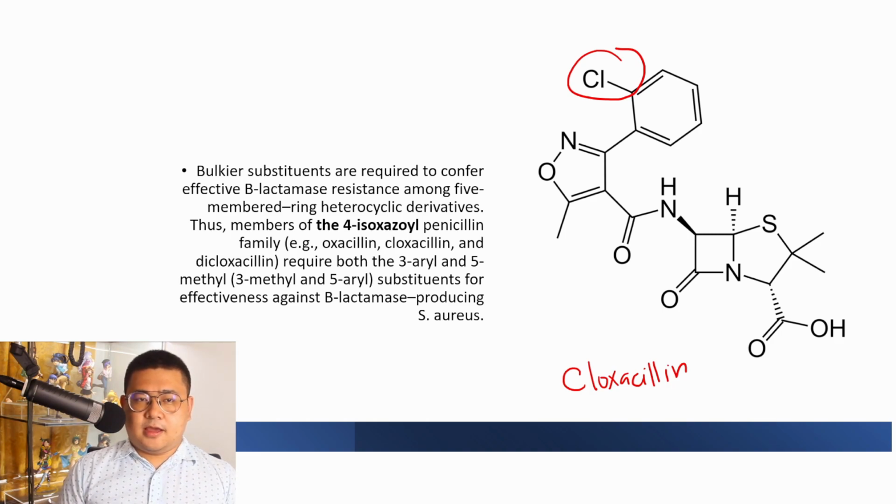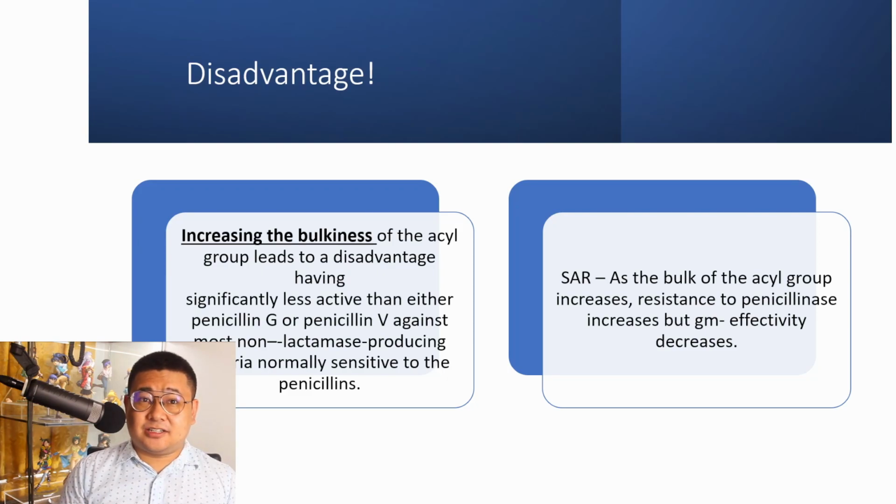Now you might think all our penicillins should have a bulky substituent since it makes them resistant to beta-lactamase. You would think that. However, adding steric hindrance to the structure actually has some disadvantages.